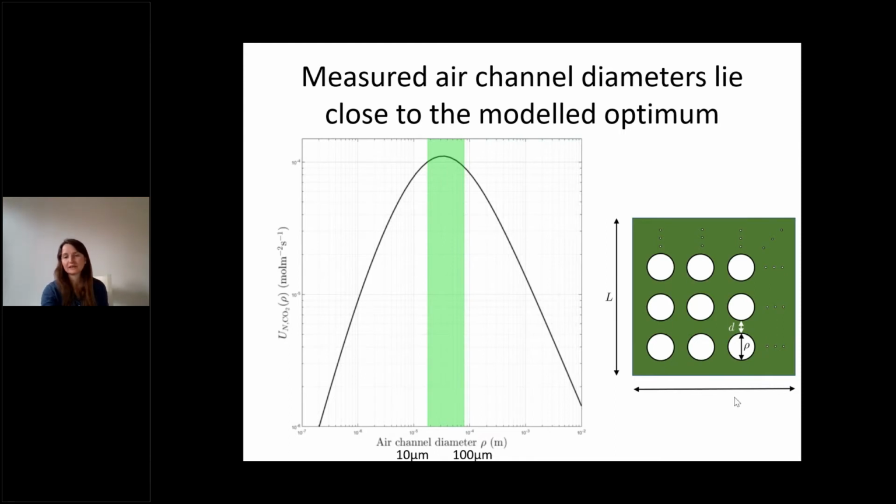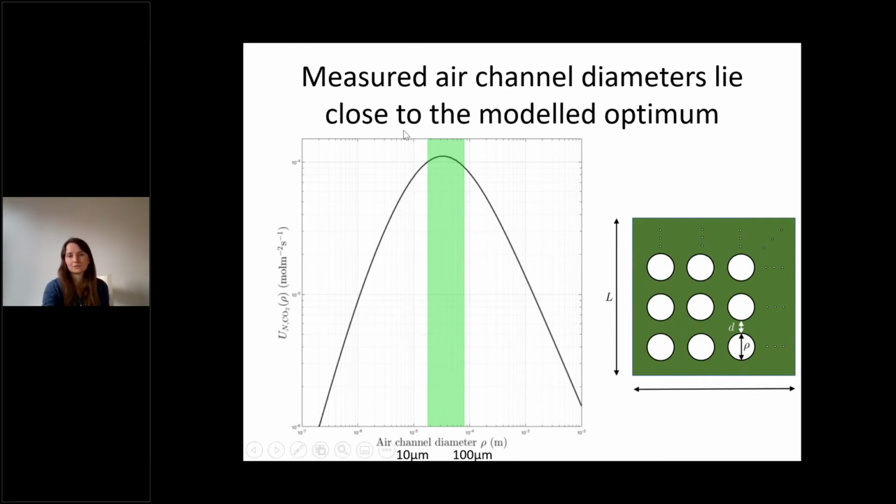The bigger your air channels are within this diagram, the fewer of them you can fit into a given surface area. But equally, the more of them you try and fit in, the smaller they have to be. So your maximum surface area will be an intermediate number of medium-sized air channels. And that really is what is represented by the curve that we see in this modelled relationship.